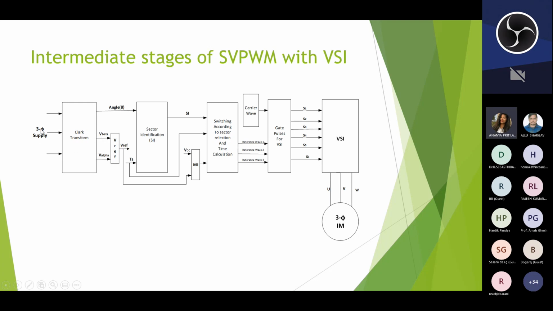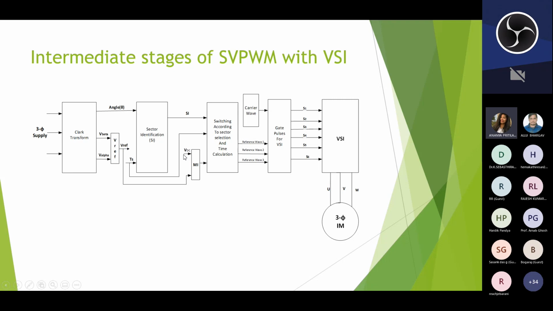So here, coming to the basic model, what I have done: I have fed it from the three-phase supply, and I did the Clarke transformation, converting ABC to alpha beta. After that conversion, I did the sector identification, which I am going to explain in MATLAB also.